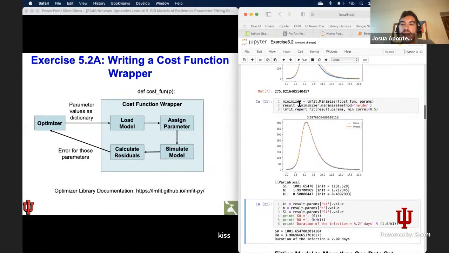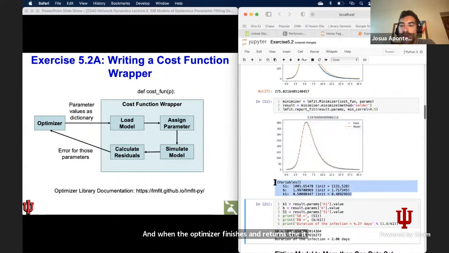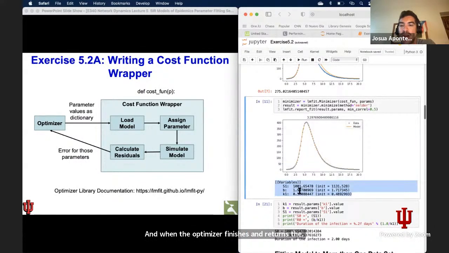And when the optimizer finishes, it compares the estimates of the parameters versus what the original guesses were. And here you can see that we started at the estimates we had from the previous exercise.